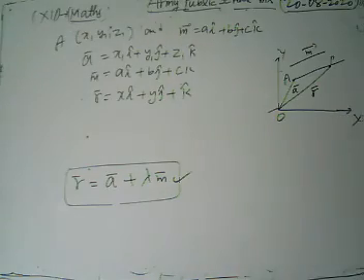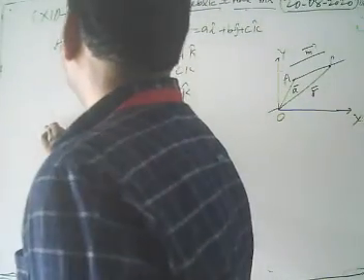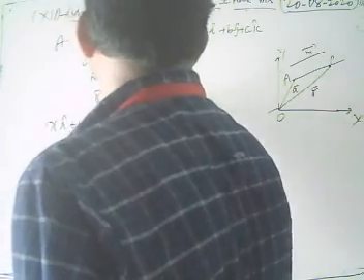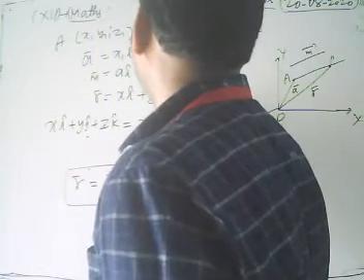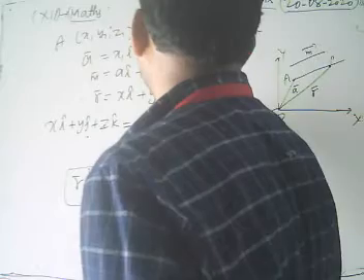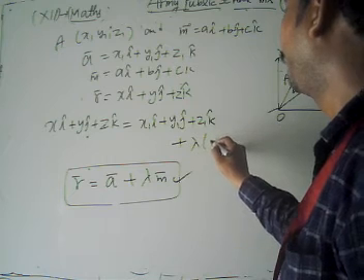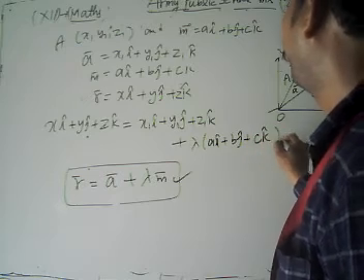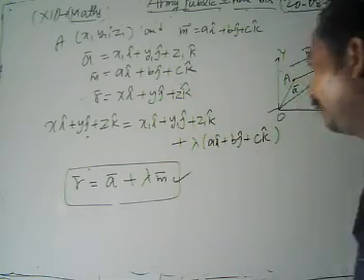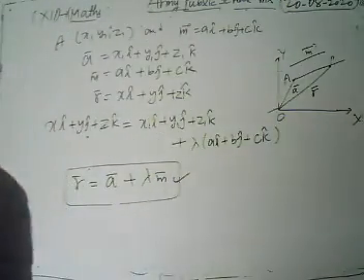So x i cap plus y j cap plus z k cap equals x1 i cap plus y1 j cap plus z1 k cap plus lambda times a i cap plus b j cap plus c k cap. We have put in these respective values.